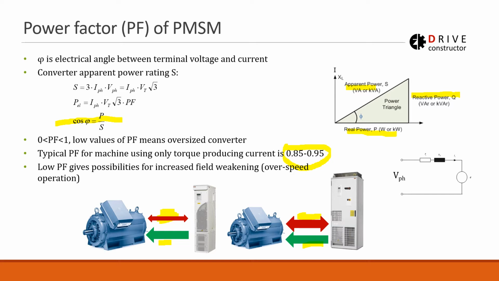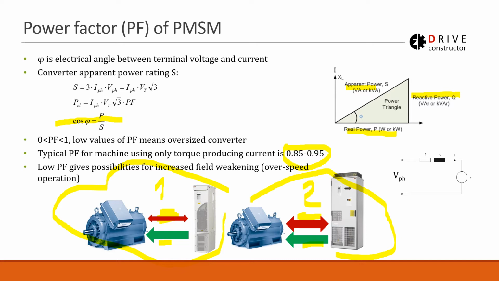So what are these two system drawings indicating? When we have high power factor, then we have low reactive power, like here. So our machine is bigger in this case than in the second case, but our frequency converter is smaller because overall current is smaller.